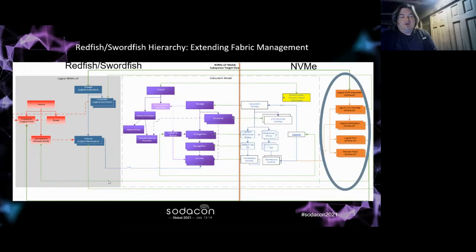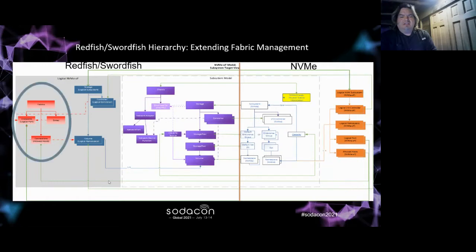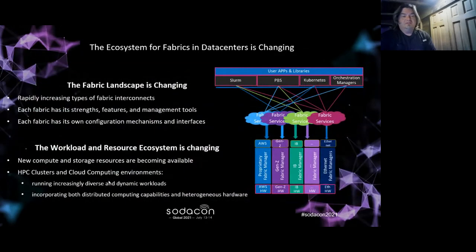A question, however, is: in an increasingly diverse fabrics ecosystem, how do hardware resources, such as remote storage, become and stay aware of what fabrics are available to them and how to access them? Another question is, how do workloads that need to access remote compute, storage, memory, and acceleration resources know what resources are available to them and how to reach them over a variety of fabrics? And that really leads us into the problem statement here.